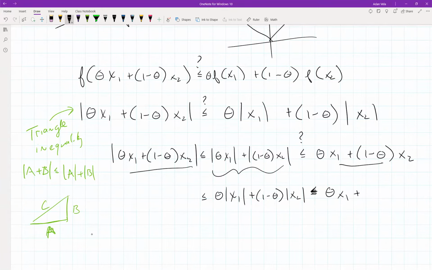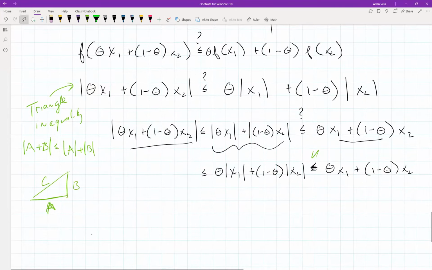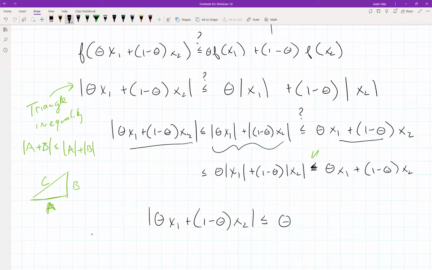That certainly satisfies the inequality, so we got a check mark here. What we were able to show is that the absolute value of theta x1 plus 1 minus theta x2 is less than or equal to theta times the absolute value of x1 plus 1 minus theta times the absolute value of x2.